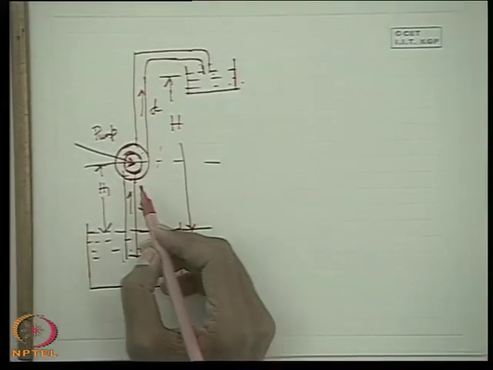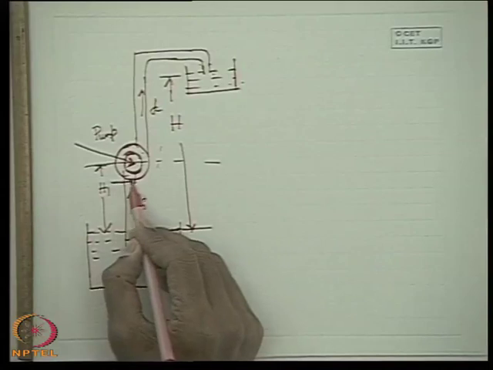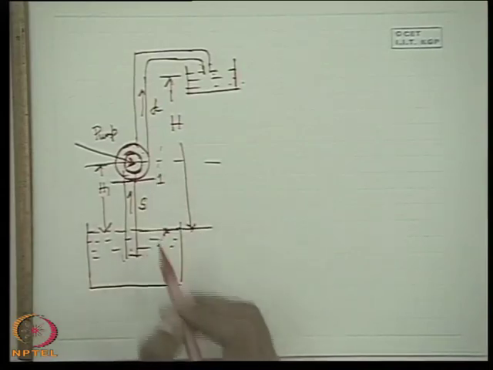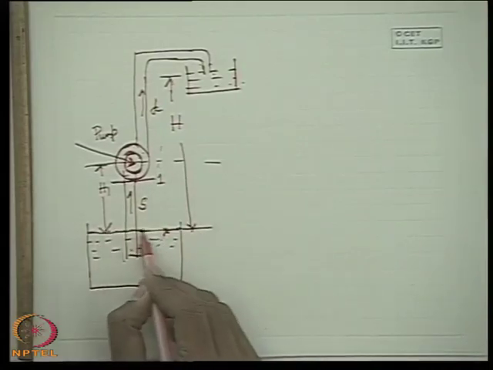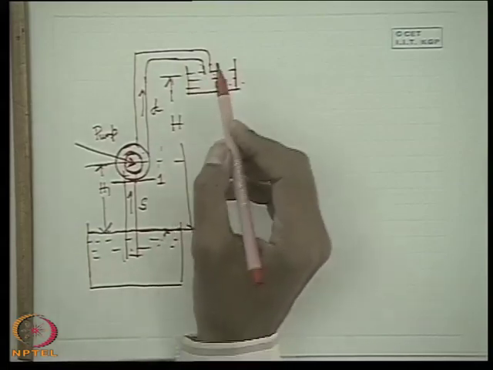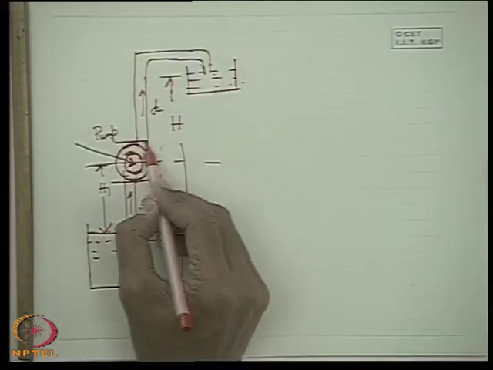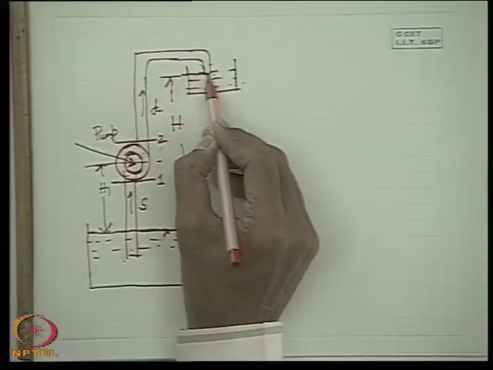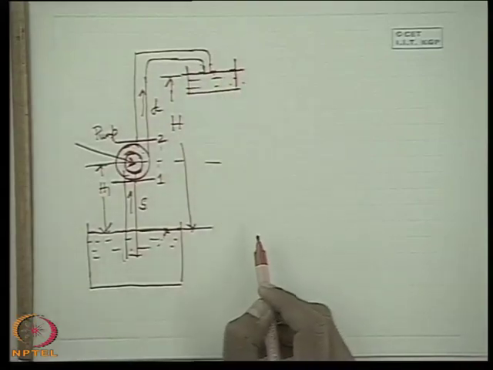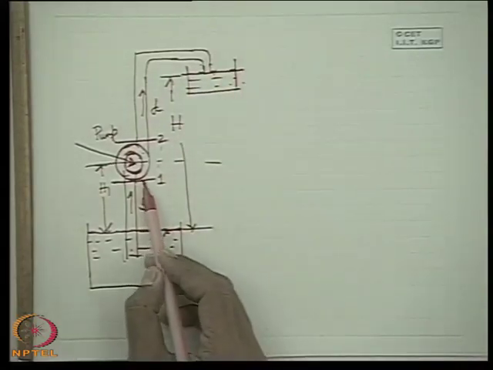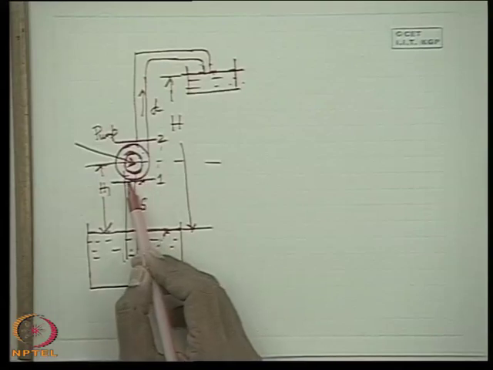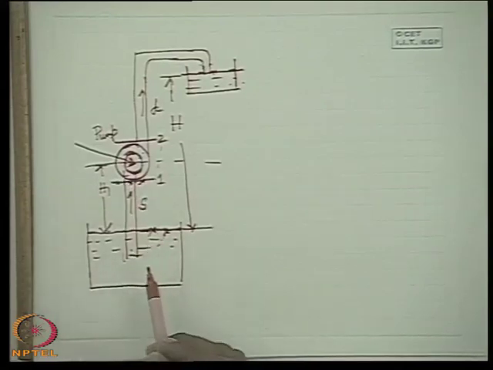Let us see. Let us define a section here. This section is 1, and this is the free surface. Let us define a section here, section 2, which is the final top free surface. Now if I write the Bernoulli's equation at any point here at this section, that is the entry to the suction, and at this point, what can I write?